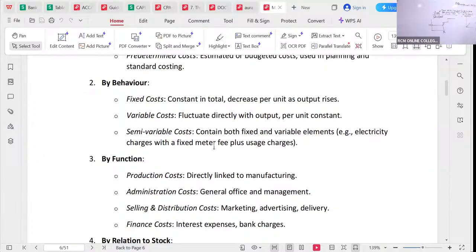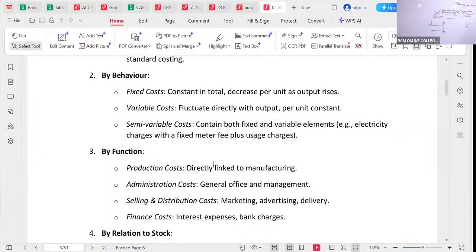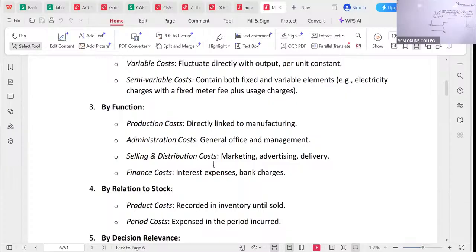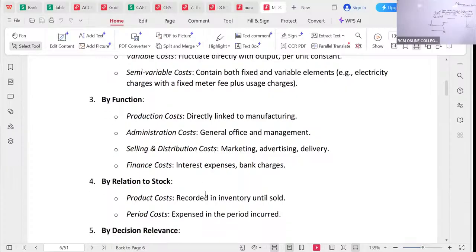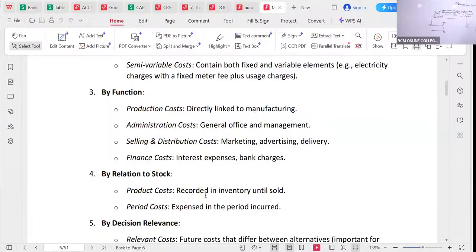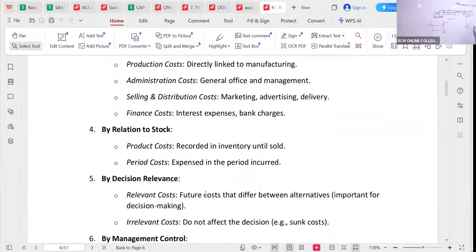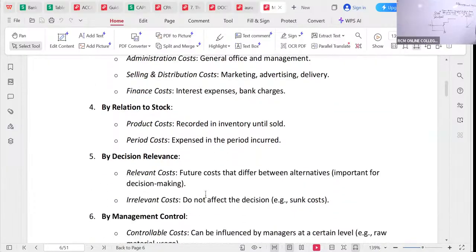Number 4, classification of costs by relation to stock. Product costs are recorded in inventory until sold. Period costs are expensed in the period incurred. Then by decision relevance, we have those costs that are relevant and others that are what here? Irrelevant.